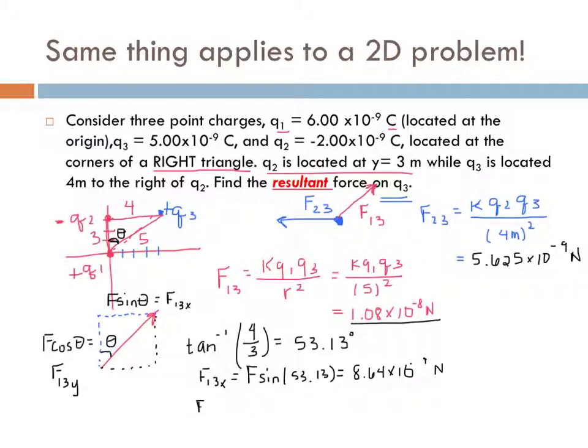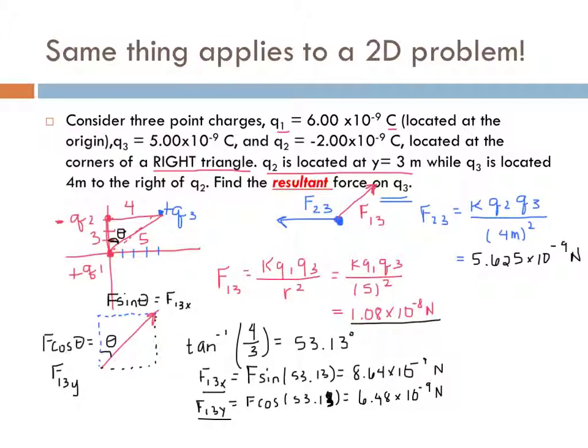And then you can do the same thing in the y direction, to get a value of 6.48 times 10 to the negative 9. This is F13. Now, this is a force in the x direction. This is our force in the y direction.